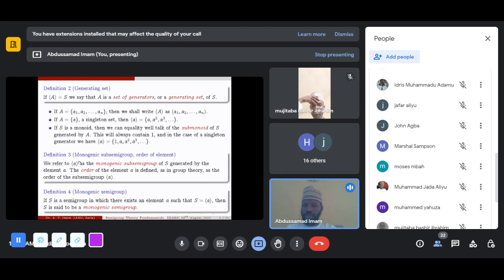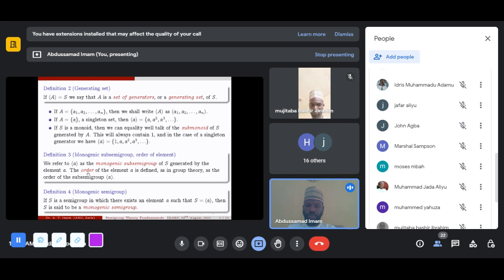So we refer to the subsemigroup generated by a single element as the monogenic subsemigroup of the semigroup S generated by A, and the order of the element A is defined, as in group theory, as the order of the subsemigroup generated by A. You remember, in group theory, anytime you want to find the order of A, you generate the cyclic subgroup generated by that A, and then whatever is the order of the subgroup is the order of the element itself.